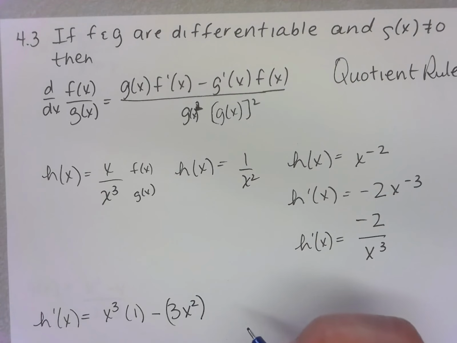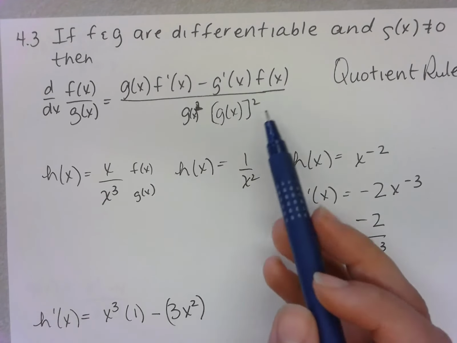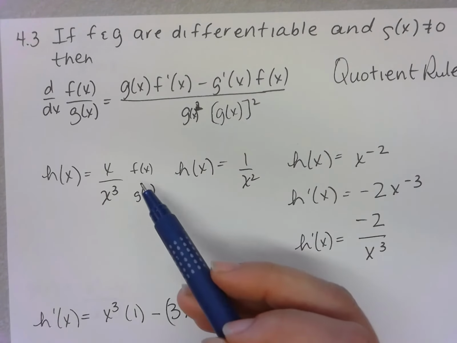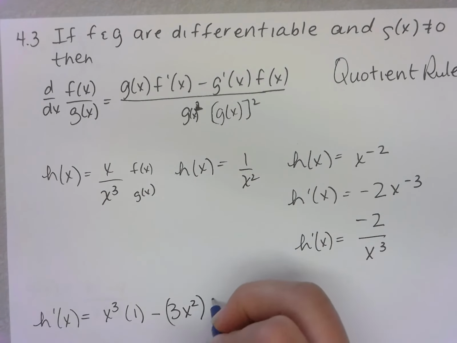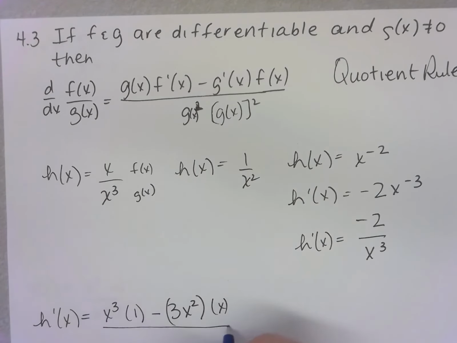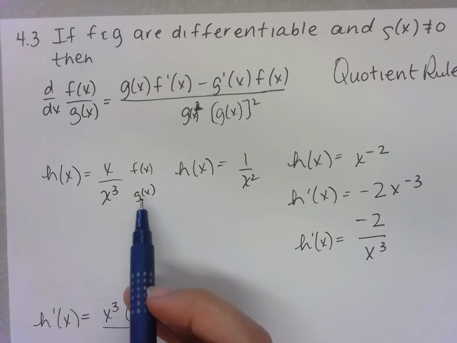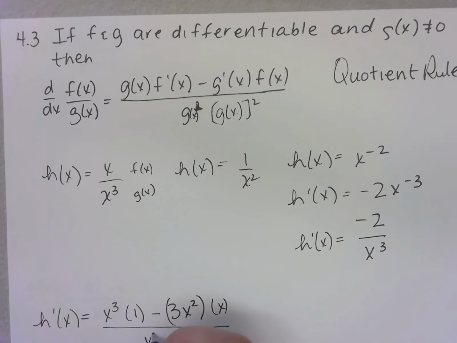If you don't know how to do these derivatives quickly, then you should go back and rewatch that lecture on the power rule. And the last thing we have is f, and f is the top, so that is x. And in the bottom, we have g squared, so the x cubed quantity squared.